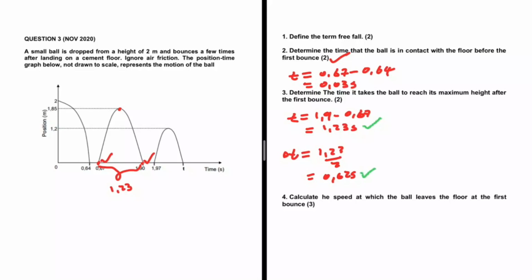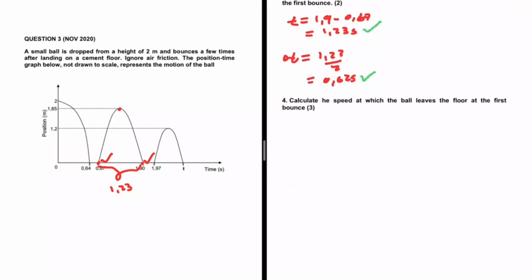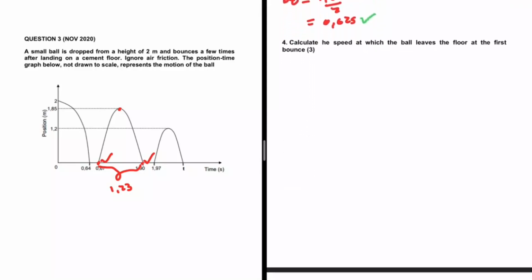Let's do the question that follows. So question 4, we are supposed to calculate the speed at which the ball leaves the floor at the first bounce. If we only consider this part of the motion, you will realize that VI is what we are interested in.